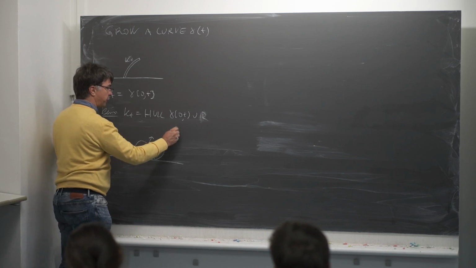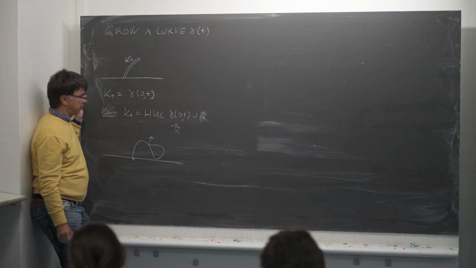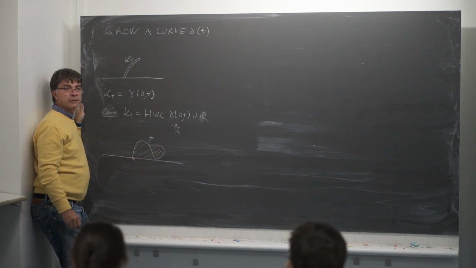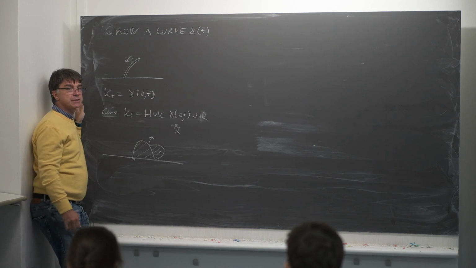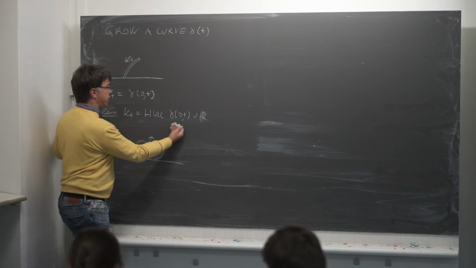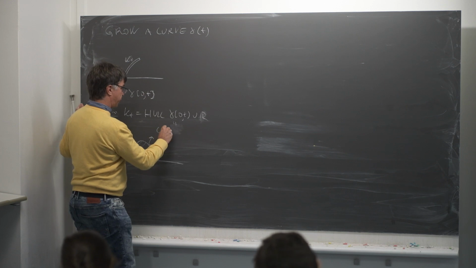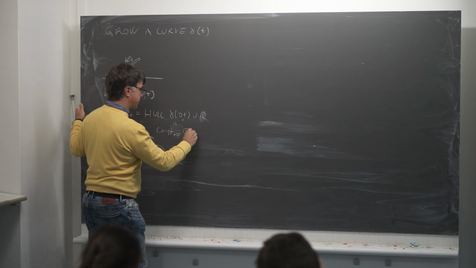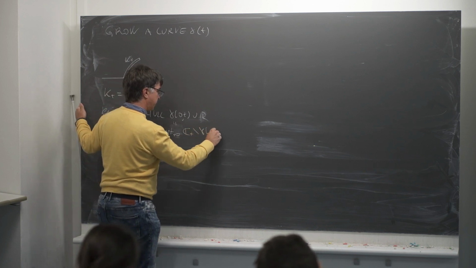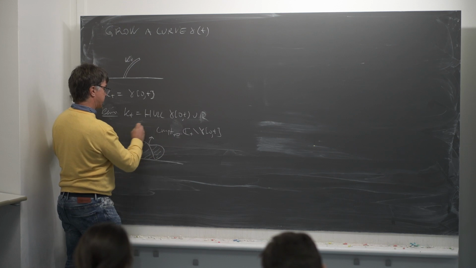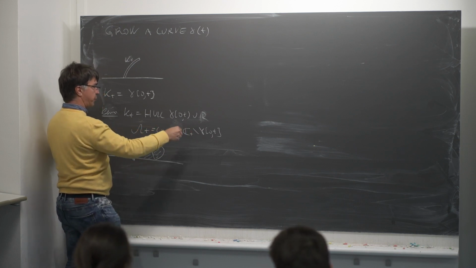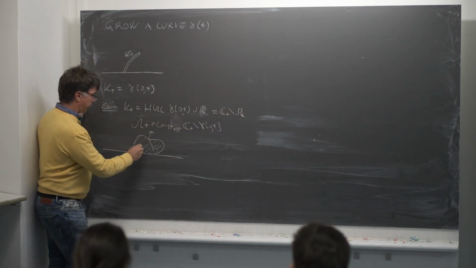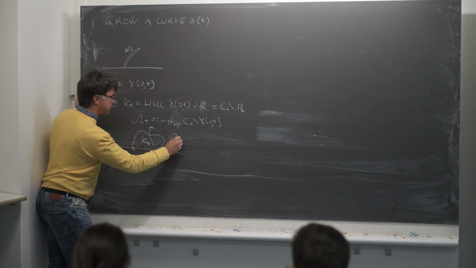What happens for a conformal observer who stands in the plane? He does not see these two regions inside the curve. The conformal map doesn't see them at all. So the hull is just the complement of the component of infinity of the set C minus gamma[0,t]. I could say Omega_t is the component of infinity of this, so this is the set K_t, and this is the domain Omega_t.